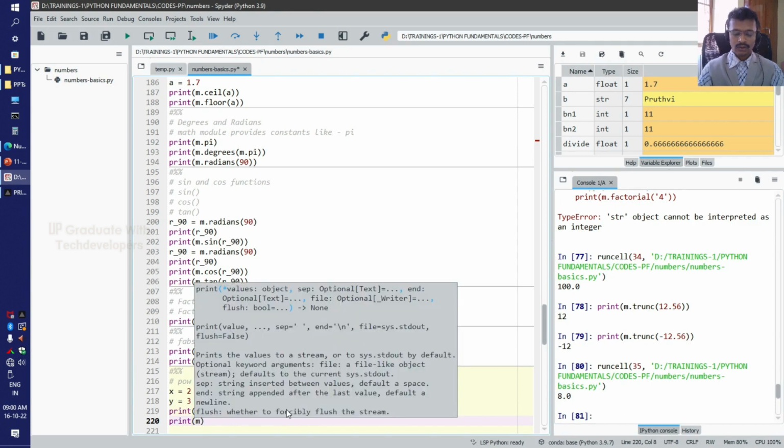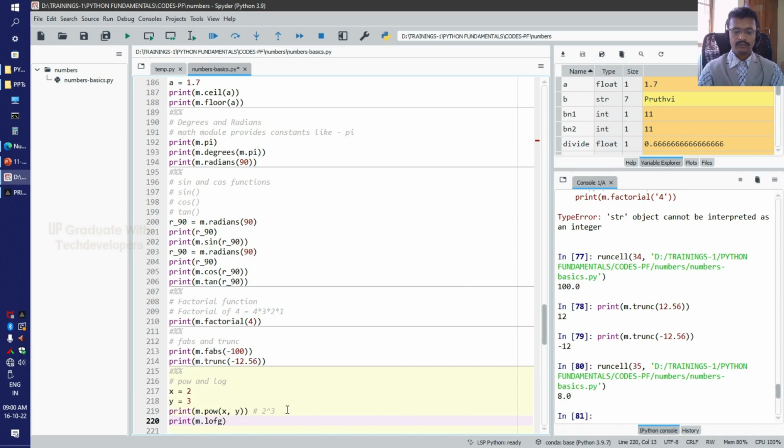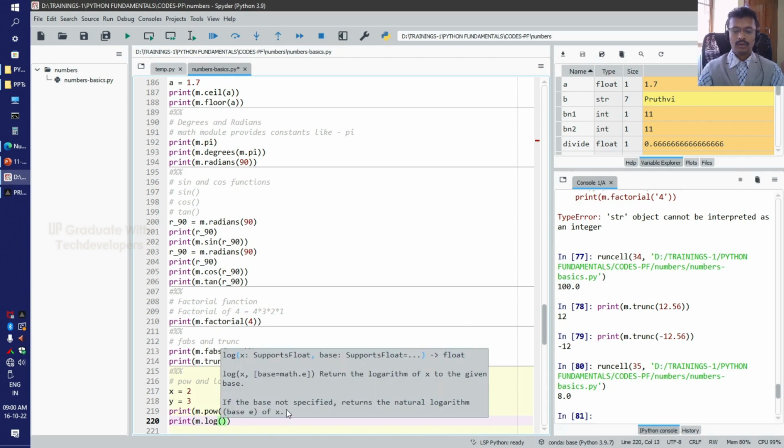Let us use the log function. It returns the logarithm of x to the given base.